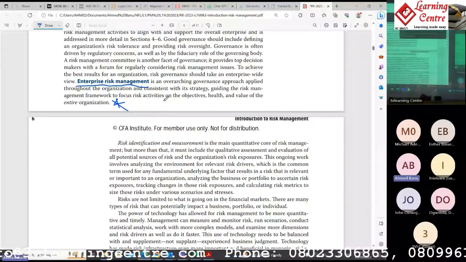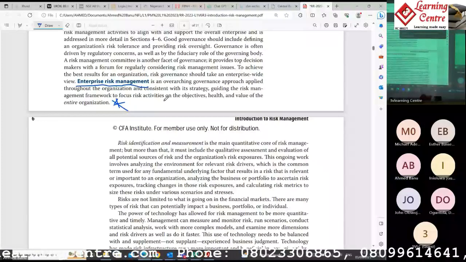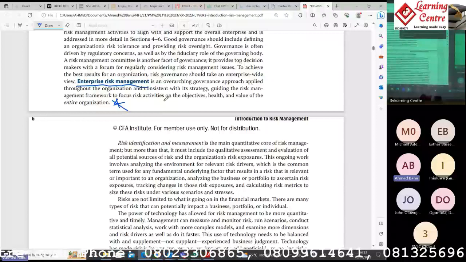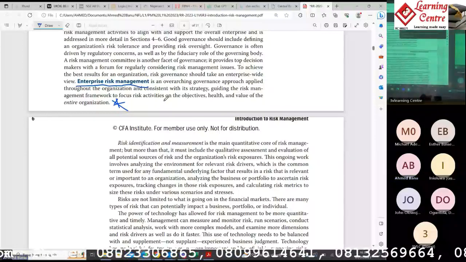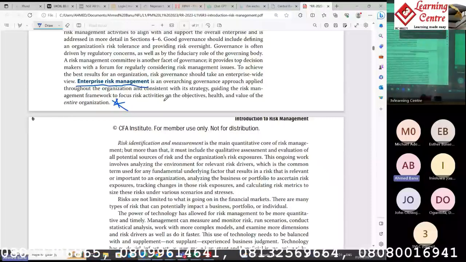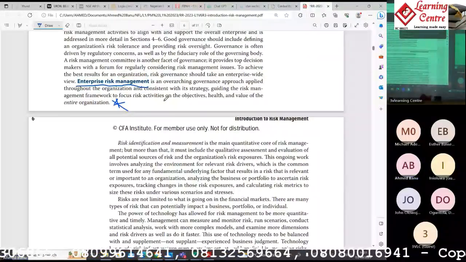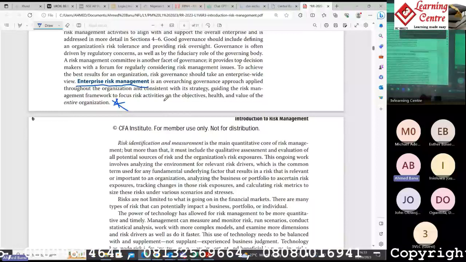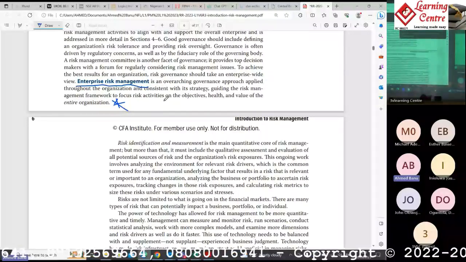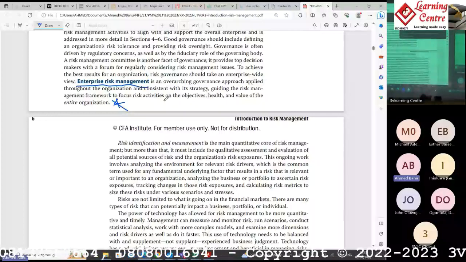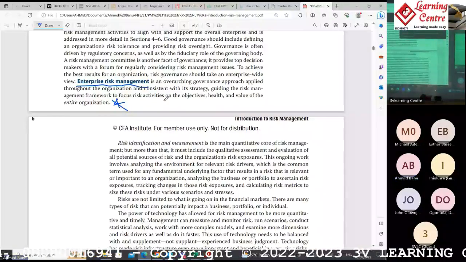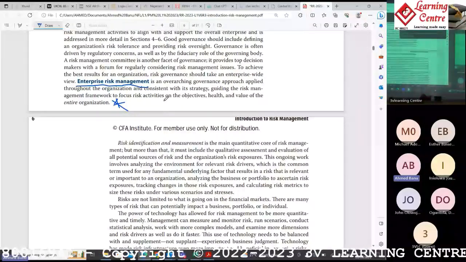You have to have a holistic view of the company such that you are able to look at the organization as a whole. There might be some functions that are overlapping, but because you have a holistic view, you can understand those overlapping functions and how the risk plays across those overlapping functions. So risk management is holistic.